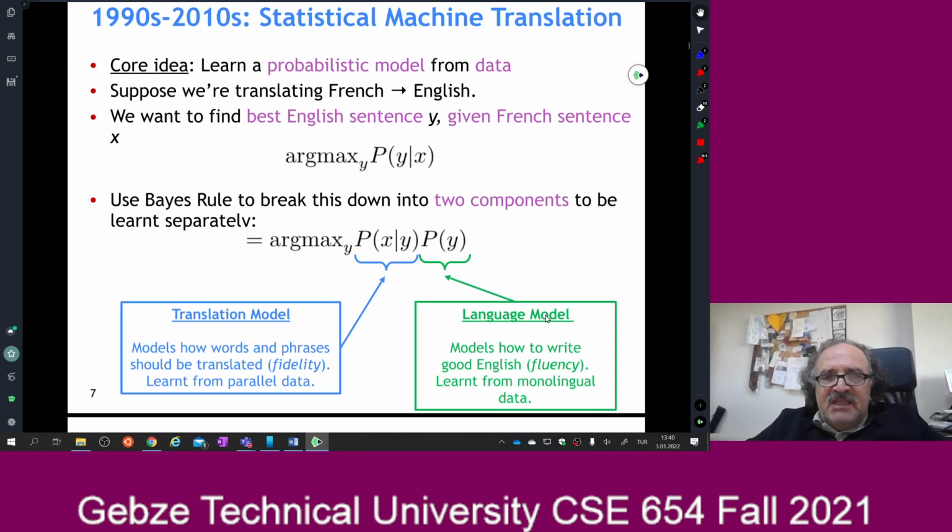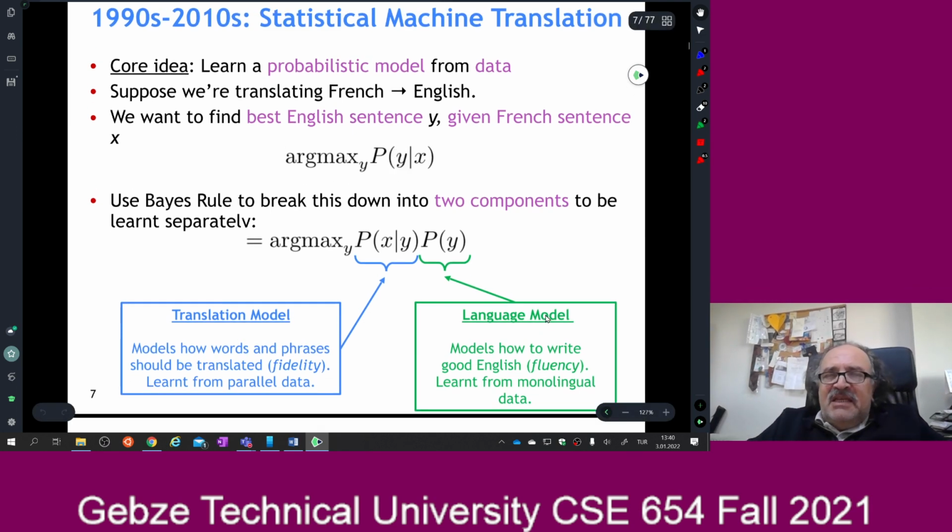Given the French sentence, what is the probability of having this English sentence? Let's develop a probabilistic model for this representation. Then after that, I can search in the English space for the sentence that maximizes this probability. That's what we are going to do.